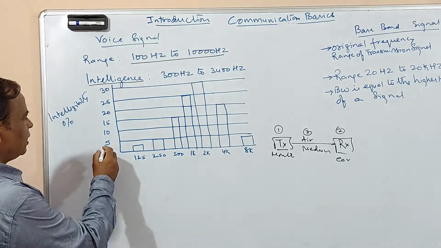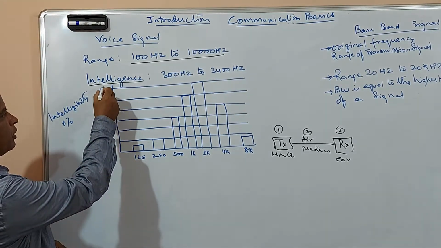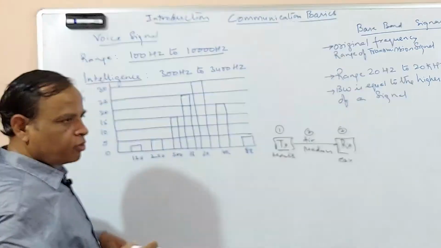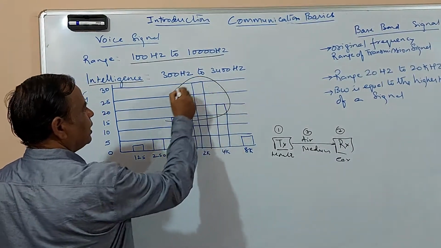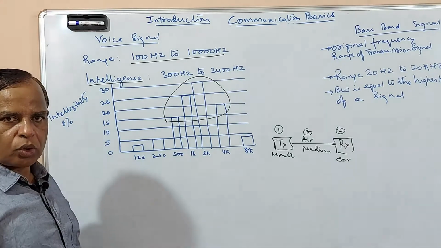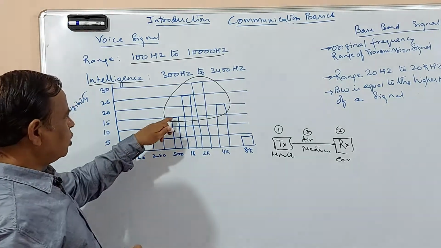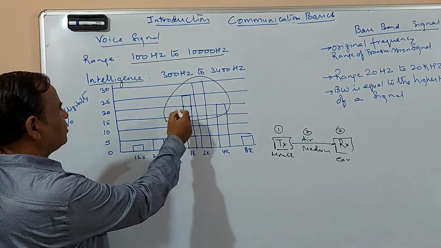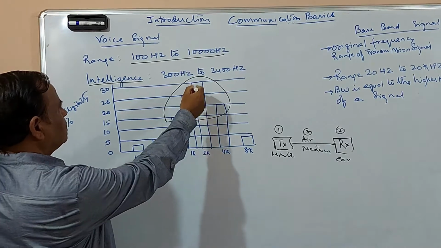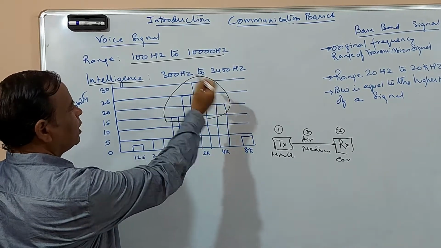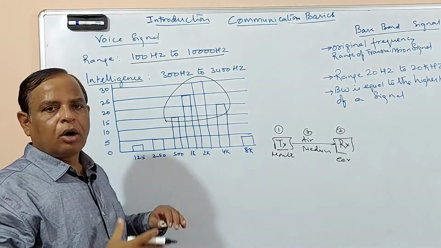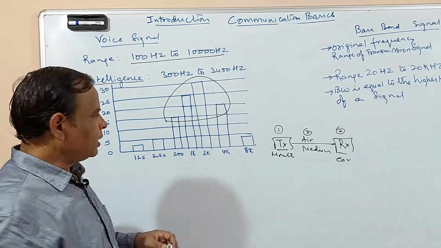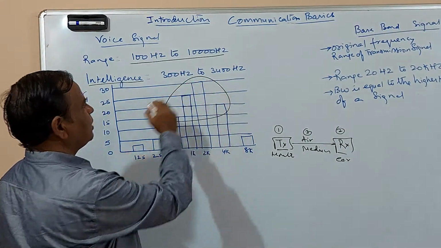When you see here, this is 5, 10, 15, 20, 25, 30%. Most of our intelligence lies in this particular range. If you count it, 15%, 25, 40, 30, 70 plus around 20, it is around 90 plus percent, meaning more than 90% is covered in this small range.